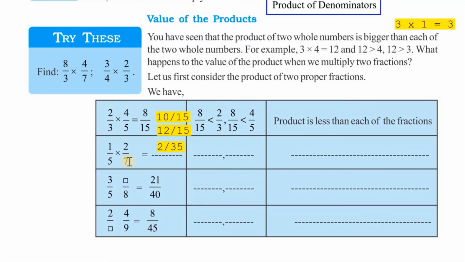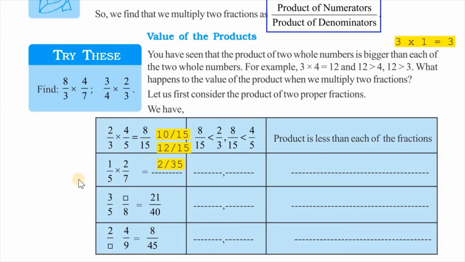That is also considerably big. But then take the case when there is the same whole cake and you have to divide it into 35 parts and you only get 2. So that is an intuitive way to think about it, but the result is going to be that the product is less than each of these fractions. This is going to be true for all the proper fractions that you can check.